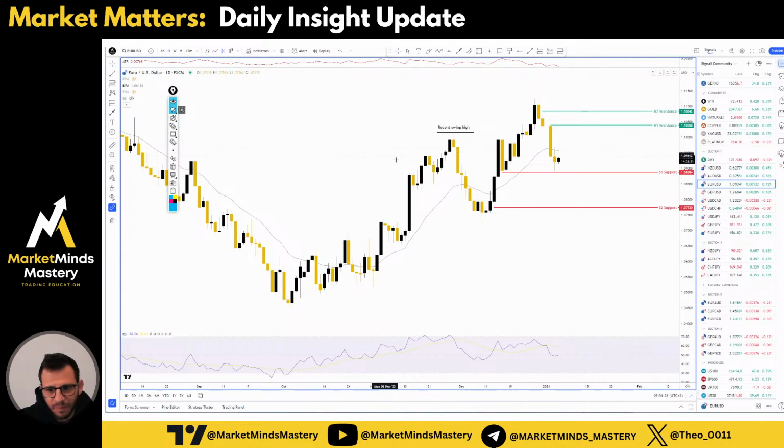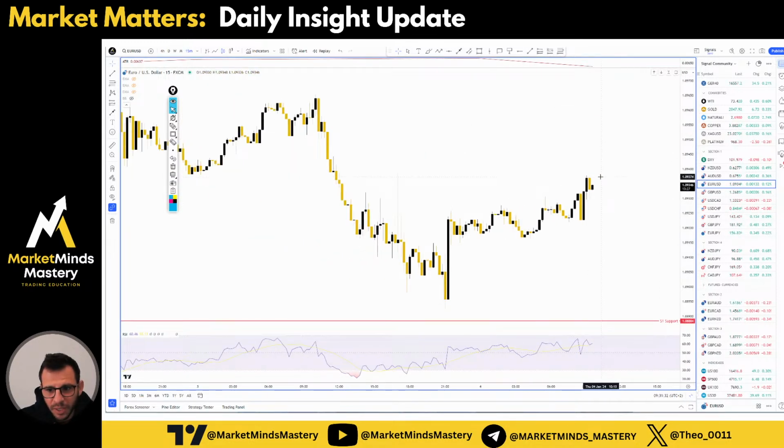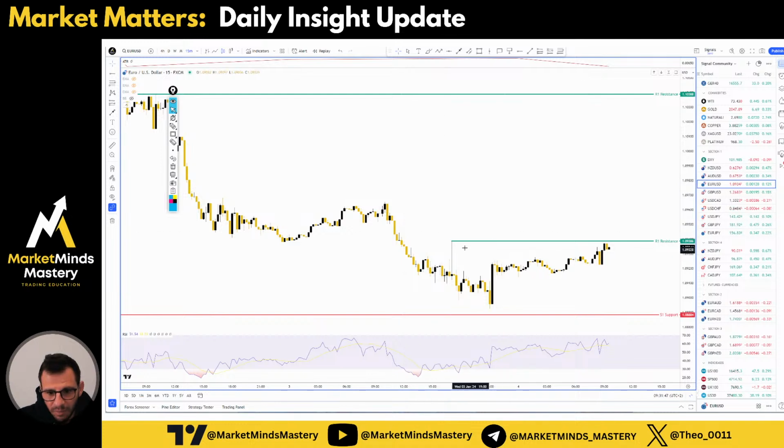Pretty much on the 15-minute chart, a break above this high. There is a strong horizontal resistance on the 15-minute chart, guys, and please keep that in mind.